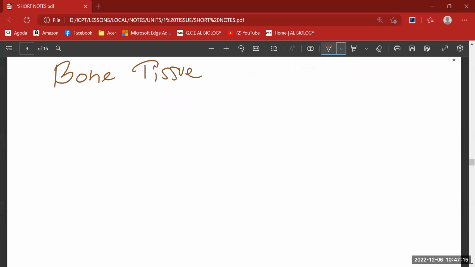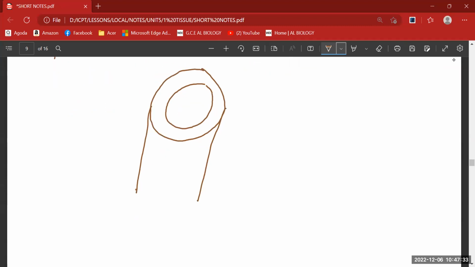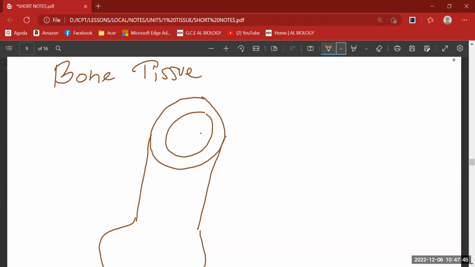Okay, if we look at bones, they are very hard structures. If I take a cross section of some bones like this, let's say if we cut a bone of the hands in the middle, we can see this kind of appearance, and the middle is like an empty space.